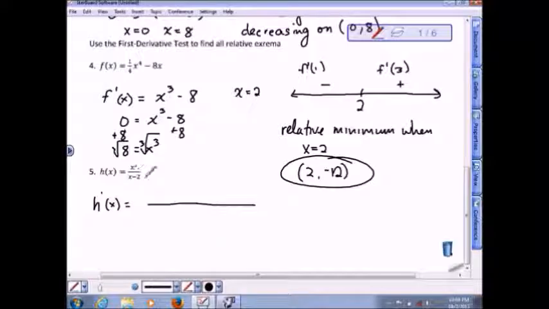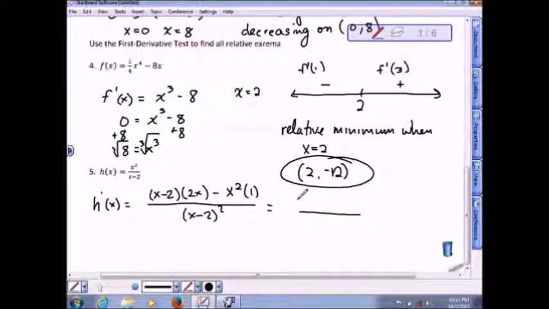We use the quotient rule, which is, if you remember that phrase, low d high minus high d low. So it's the bottom function, x minus 2, times the derivative of the top function, 2x, minus the top function times the derivative of the bottom function, all over the square of the bottom function.